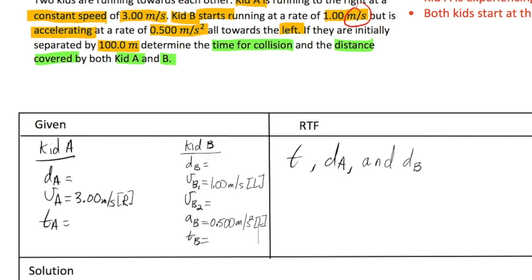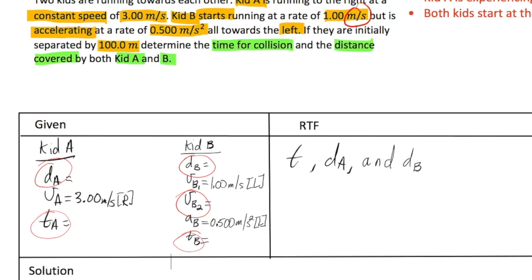So far, so good. Now, we don't know d, v, v2, or t for Kid B. So when we do an inventory of things that are unknown at the moment, we have dA, TA, dB, VB2, and TB. That's 1, 2, 3, 4, 5 unknowns. We eventually have to get it down to just one.